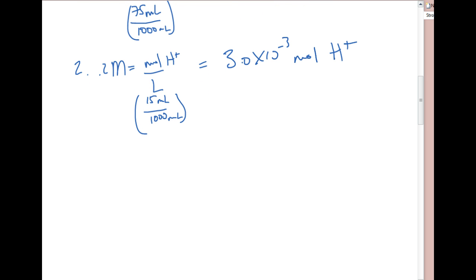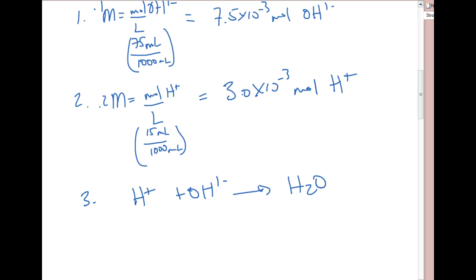Now I'm going to write my net ionic equation. We'll do a little before and after here, and plug in some values. We have 3.0 times 10 to the negative third moles of hydrogen ion and 7.5 times 10 to the negative third moles of hydroxide ion.